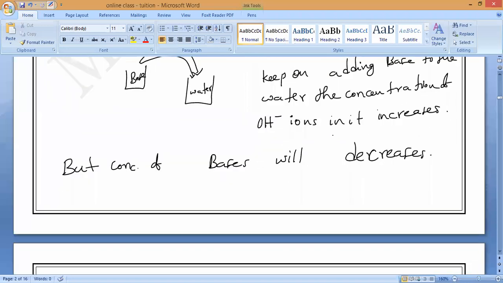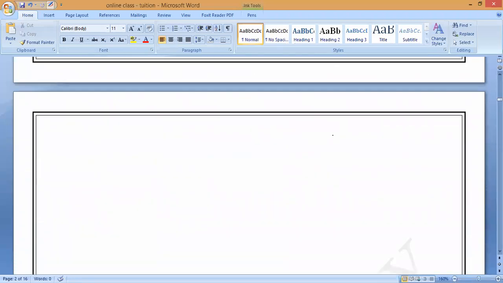Water. The basic solution formed by dissolving a base in water will have more hydroxide ions and fewer hydrogen ions. That is what you have to remember.